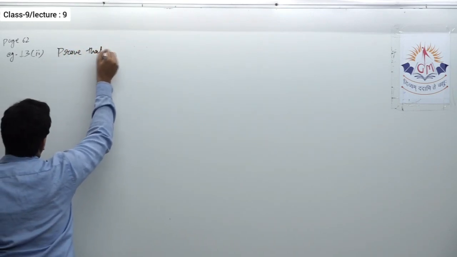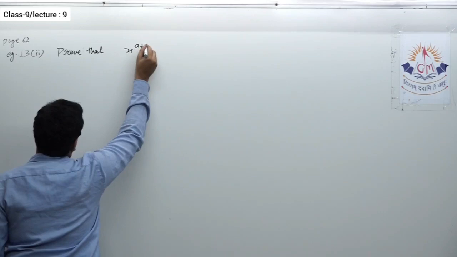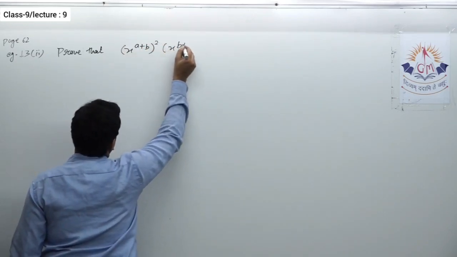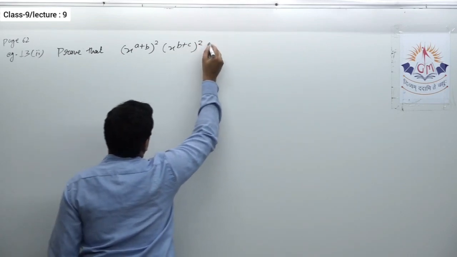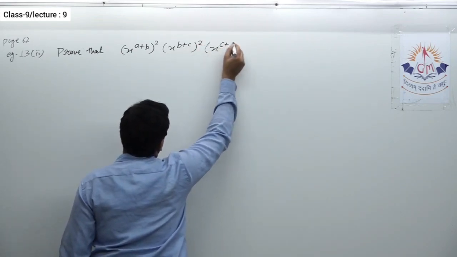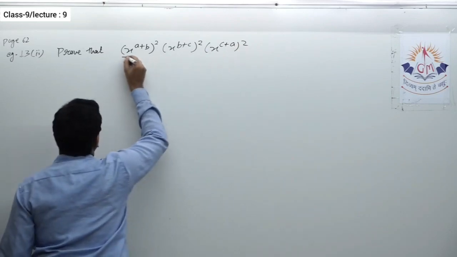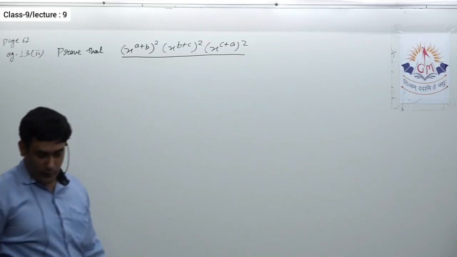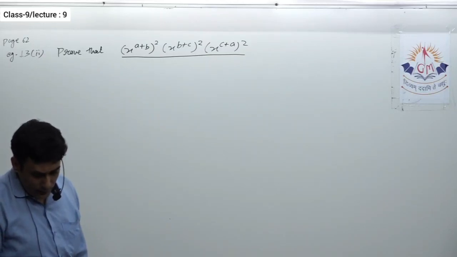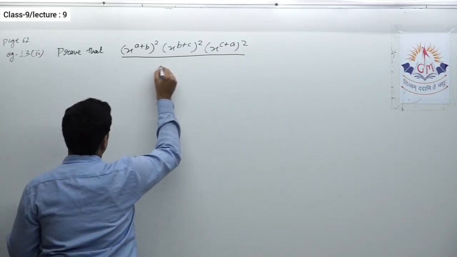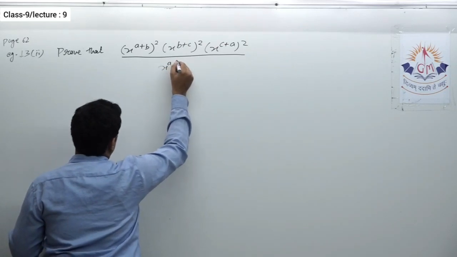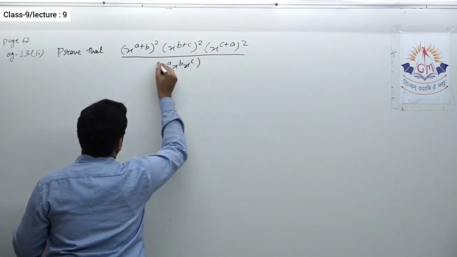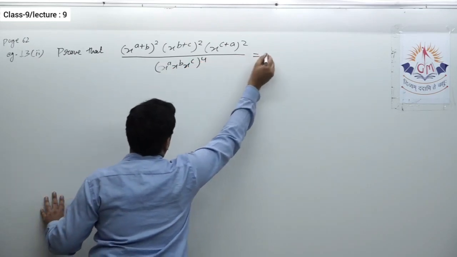to prove that x raised to a plus b whole square into x raised to b plus c whole square into x raised to c plus a whole square divided by x raised to a into x raised to b into x raised to c whole raised to 4 is equal to 1.